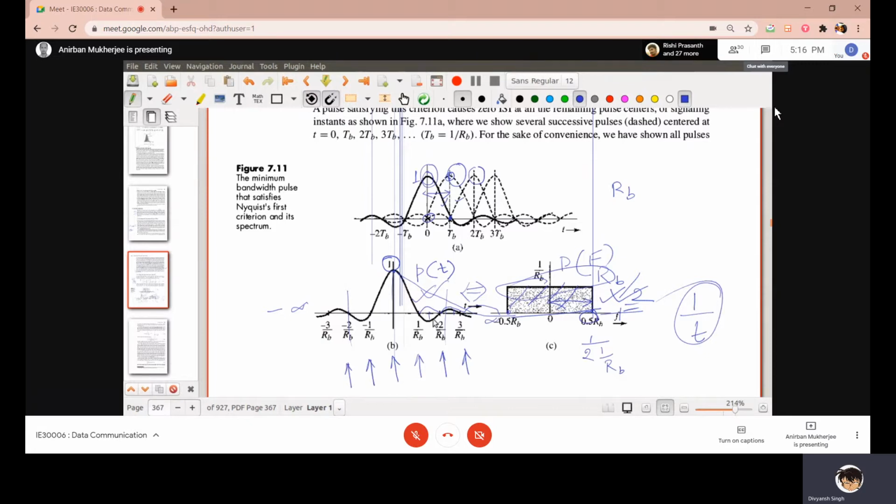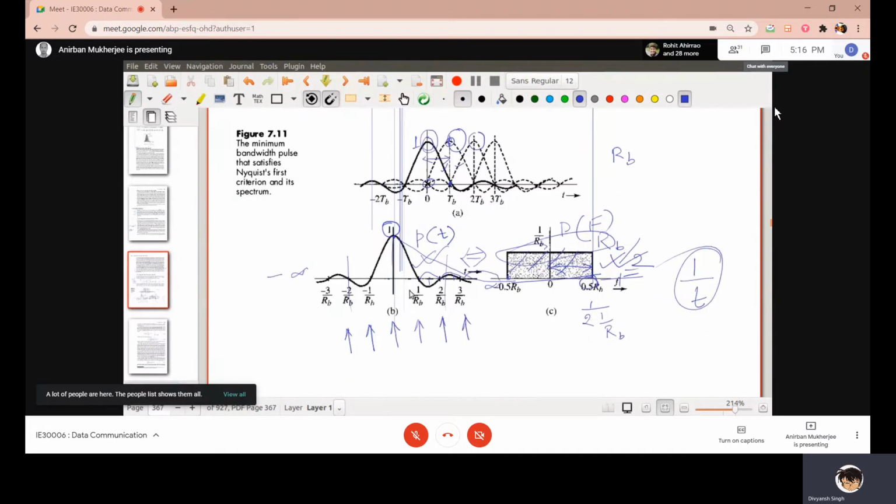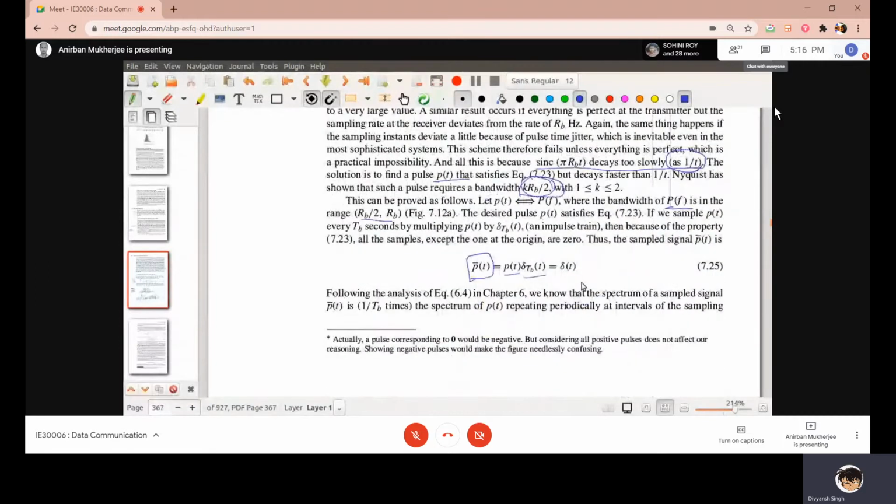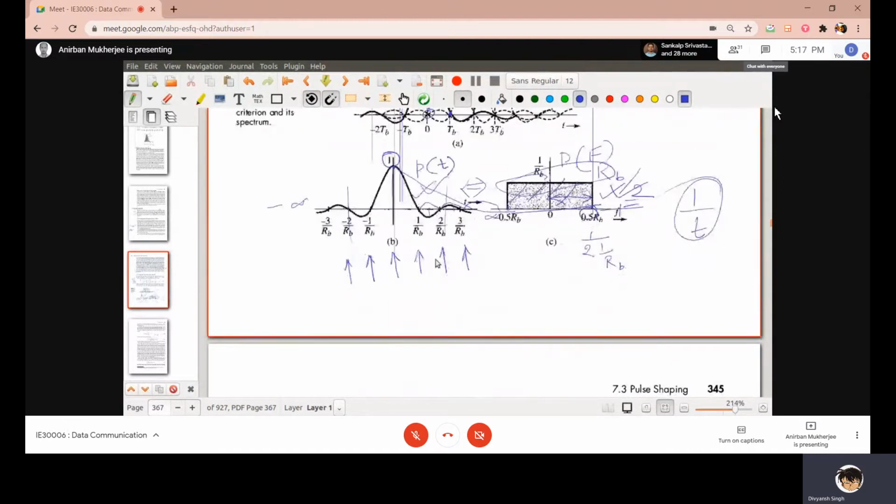Okay, and then what will happen? If I multiply these two, and this duration is 1 by RB, that is TB. Then finally you will have only delta(t). If you multiply with this, this term is 0, this term is 0, this term is 0.